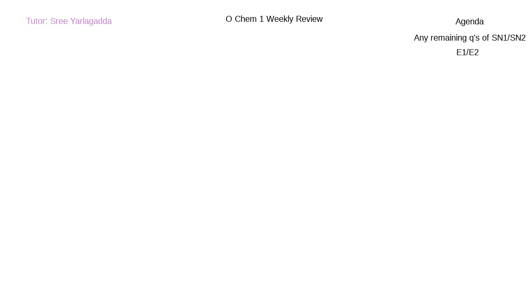Okay, so SN1, SN2 here, and E1, E2 here. Okay. So basically, SN1, SN2 deals with, first of all, substitution. That's what the S stands for.